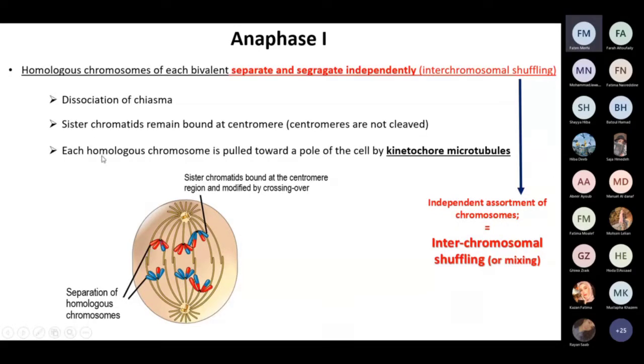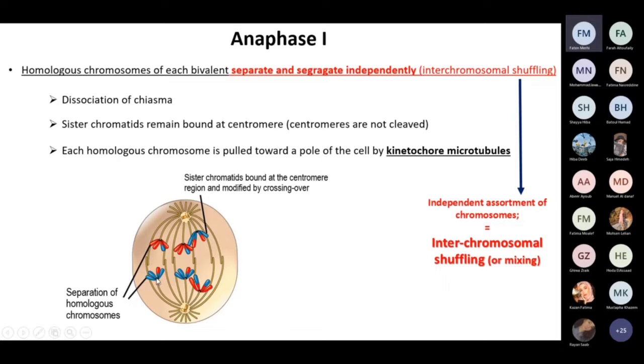The sister chromatids are still maintained attached together at the level of the centromere. And each homologous chromosome will be pulled toward a pole of the cell by the microtubules. Now, the microtubules which bind the kinetochore are called the kinetochore microtubules. Okay, so each homologous chromosome will be pulled to a pole of the cell due to the kinetochore microtubules, because as we have said, the homologous chromosomes are attached to the spindle by the kinetochore.